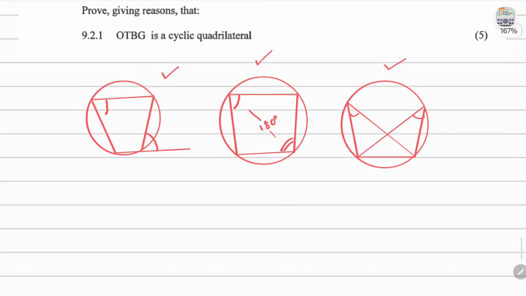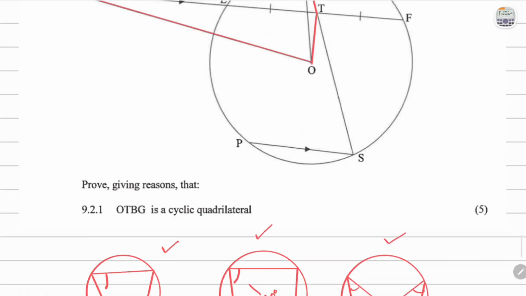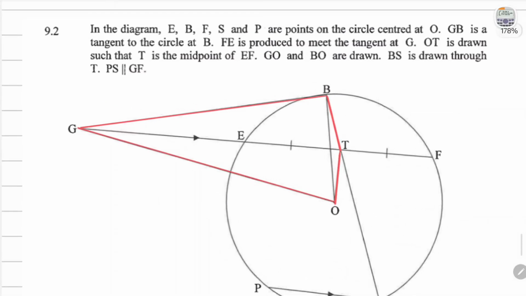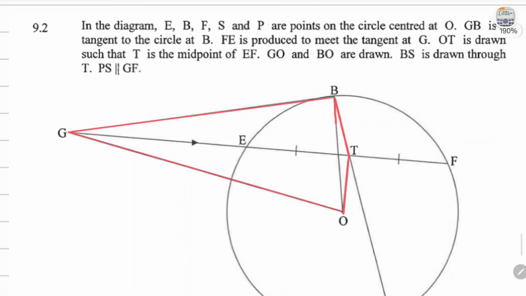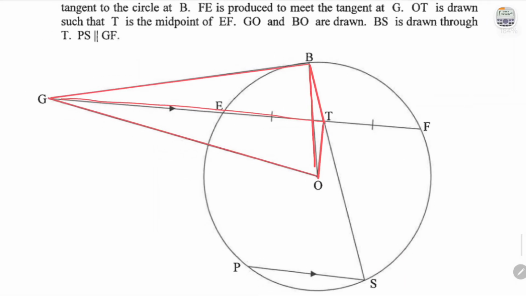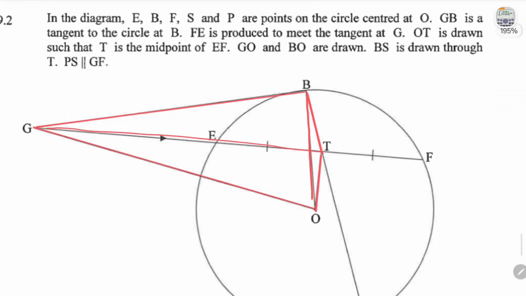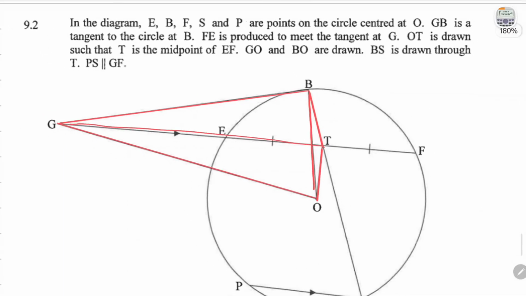So based on the diagram, we have to look at what would best suit these scenarios. Now, already looking at this, I see that it has lines going across. So let's try to see if it is this situation over here. Okay, so looking at this and looking at what we know about the angles at the circumference, you can look at it in different directions.